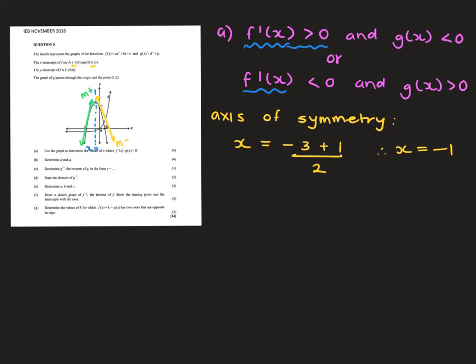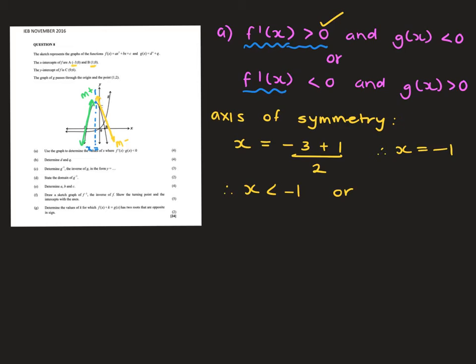So for scenario 1, where the gradient is positive but the exponential graph is below the x-axis, we can see it's this area here, from x is less than minus 1. So when x is less than minus 1, or, we've dealt with the first scenario.